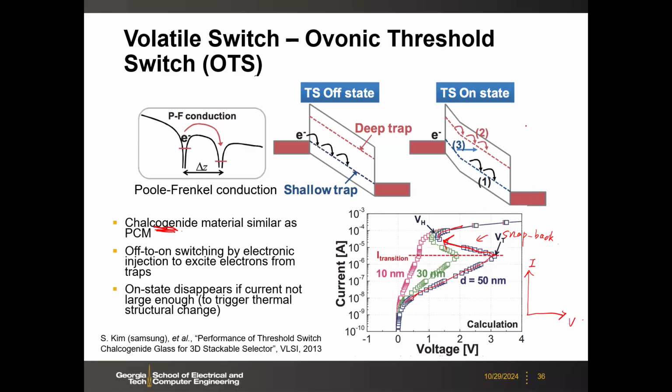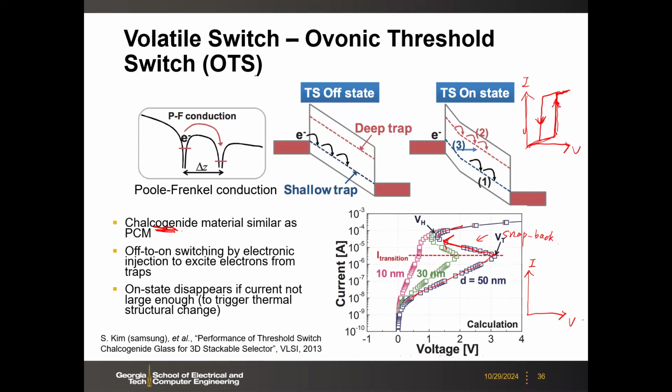So what we showed you before is N shape, okay, in the threshold IV. But anyway, it's like this, okay. So the voltage is continuous, but the current has sharp transition, okay.